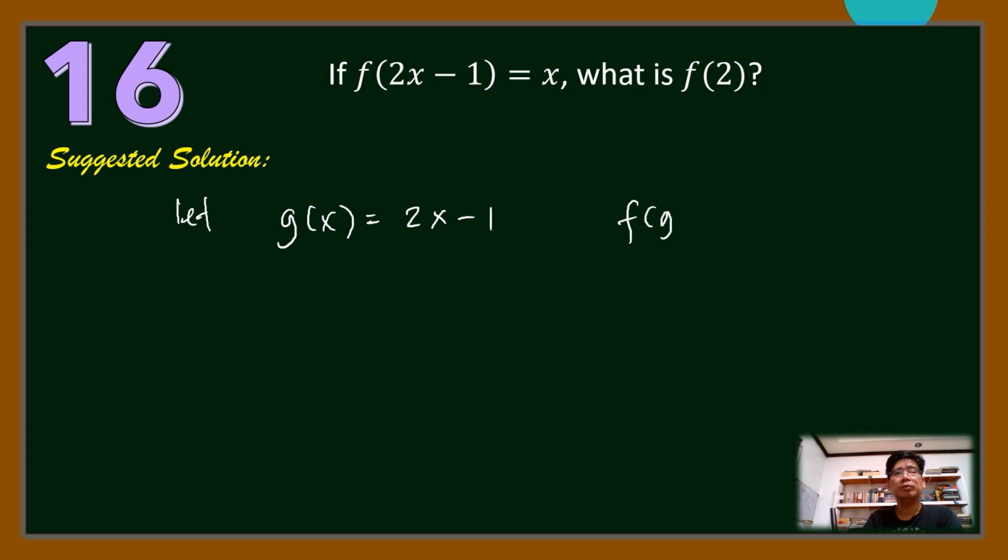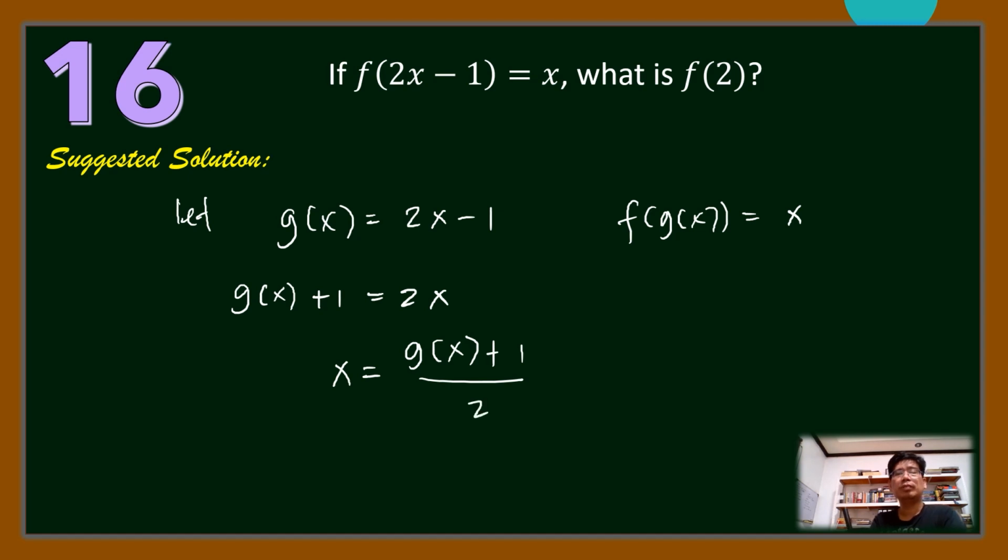Then f of g of x is equal to x. From g of x is equal to 2x minus 1, let us solve for x. We have g of x plus 1 is equal to 2x. Therefore, x is equal to g of x plus 1 over 2.